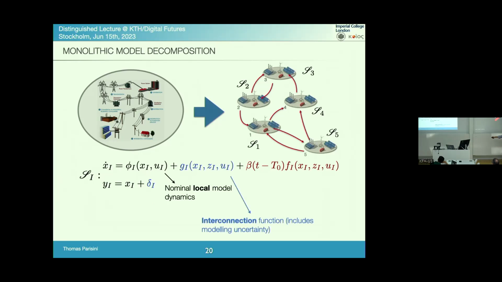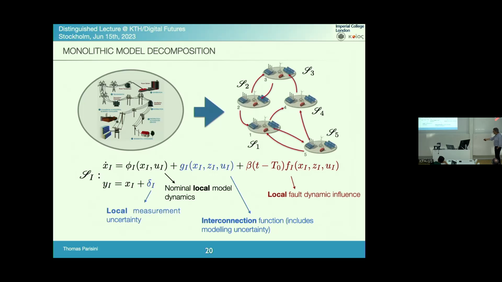Then you have this blue part here, which is not only including the modeling uncertainty as before, but of course is also including the interconnection dynamics. So how the other subsystems are actually influencing the dynamics of your local subsystem. And in general, you cannot separate these two; they mix together in some unknown way, okay? But clearly this blue part is there. And the local measurement uncertainty, of course.